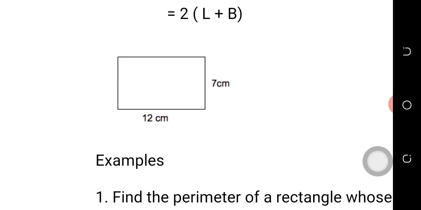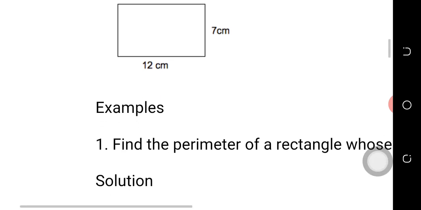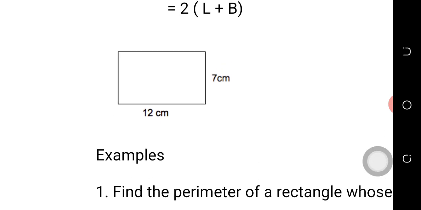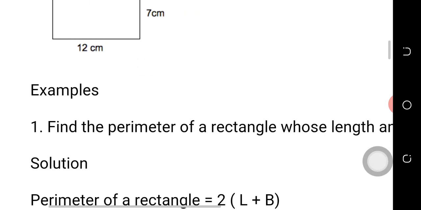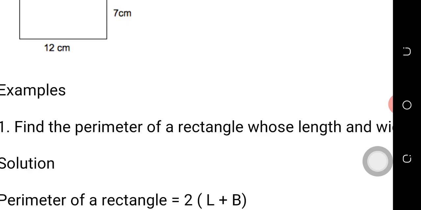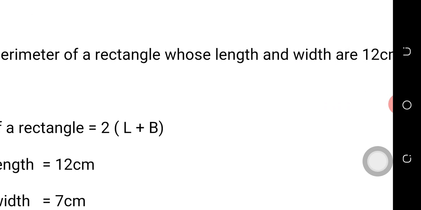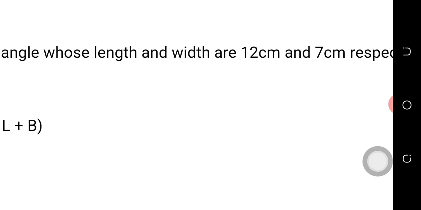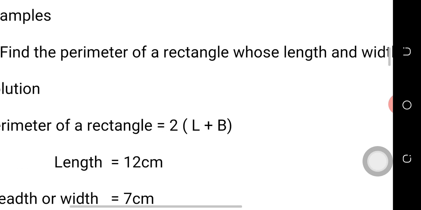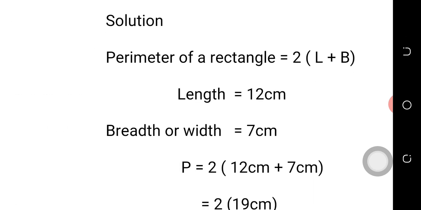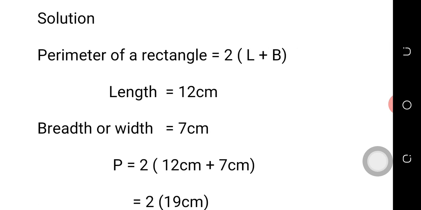Let us quickly cite an example. The diagram here shows that length is 12 centimeters while breadth is 7 centimeters. First question: find the perimeter of a rectangle whose length and width are 12 centimeters and 7 centimeters respectively. Solution: perimeter of a rectangle equals 2 bracket length plus breadth.